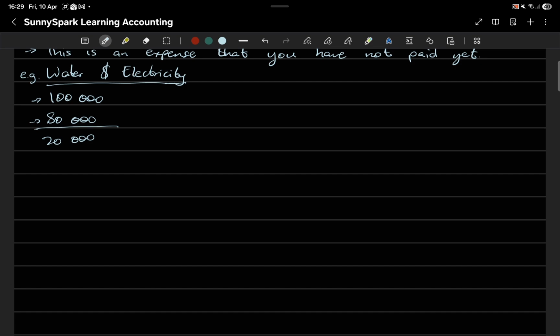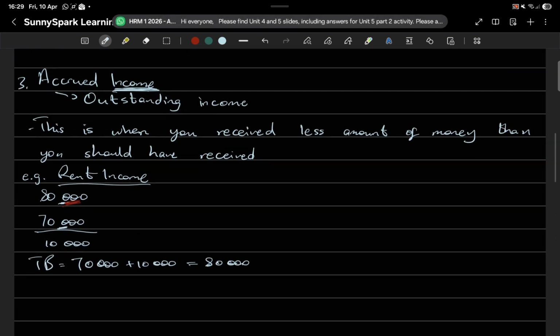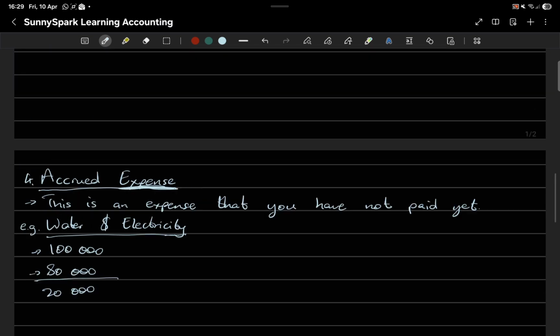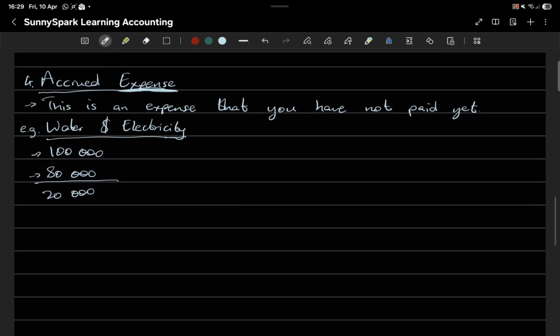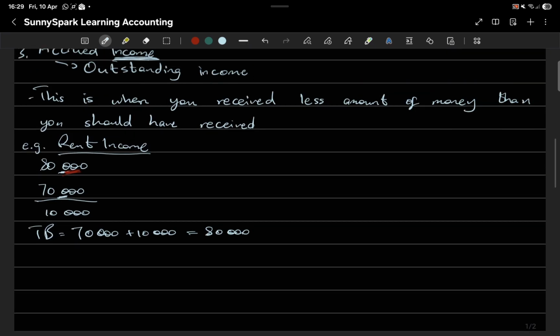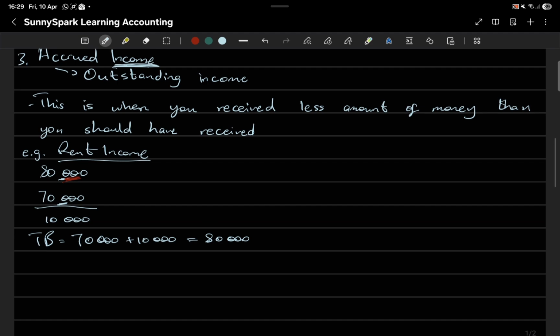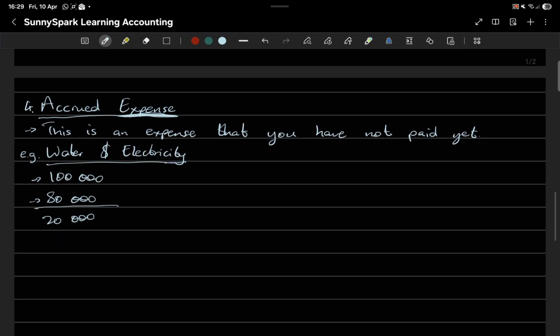So it's similar to accrued income, just that in this case the difference is expense. In income we talk about receiving, but in expense we are talking about paying outstanding cash that you must pay, such as water and electricity.